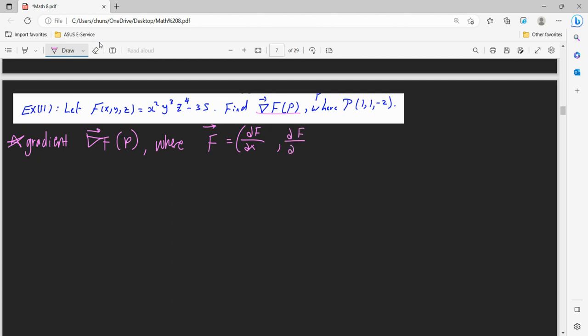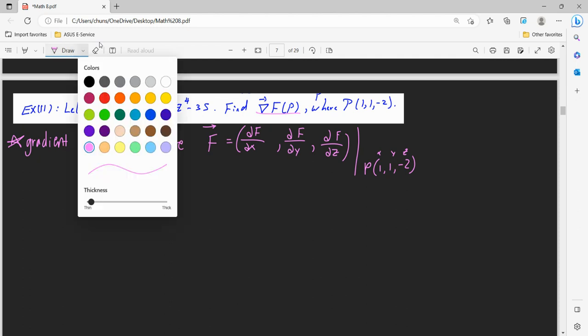So in this case, we have 3: x, y, and z. At a certain point p, which is given to us as 1, 1, and negative 2. So these are our values of x, y, and z that we will be plugging in to get a real number from this equation. So this is a very simple example.